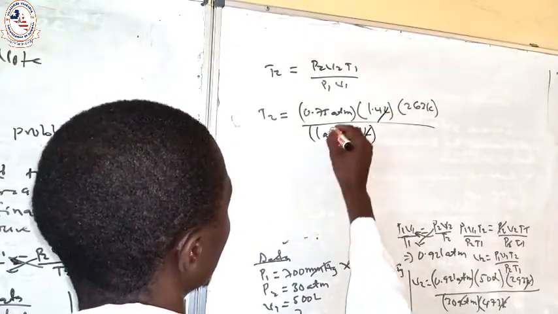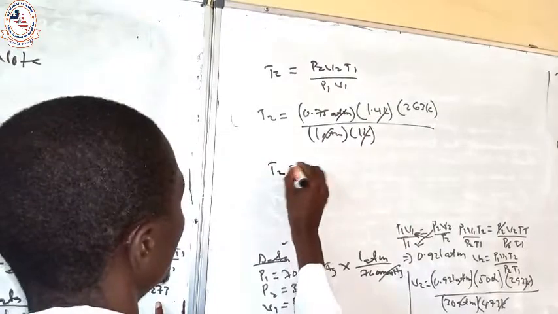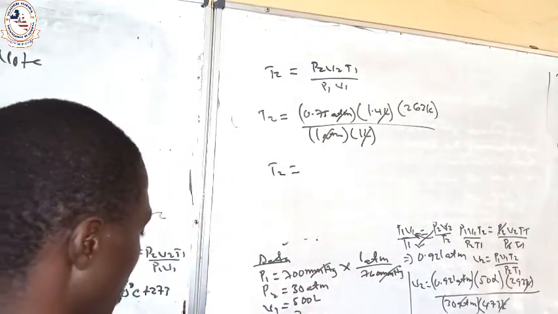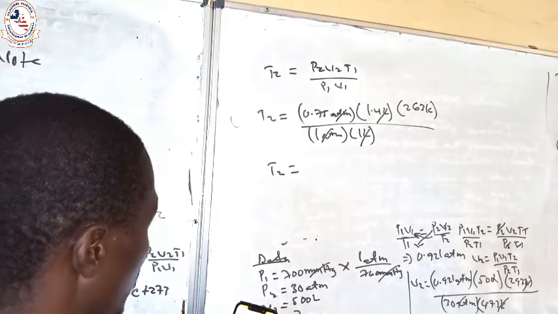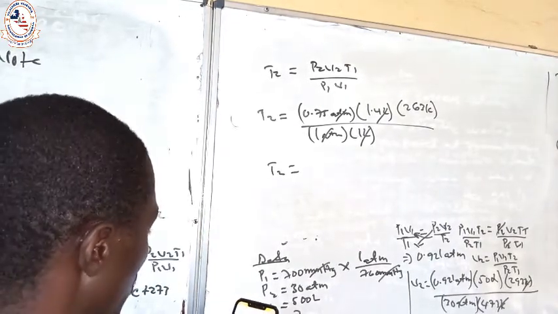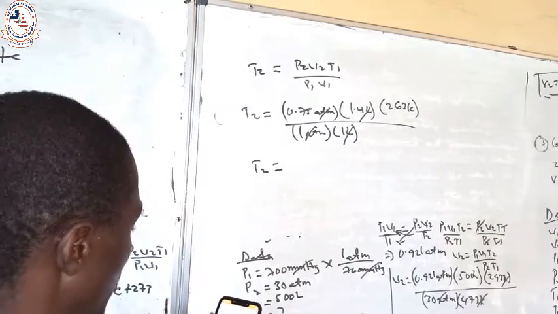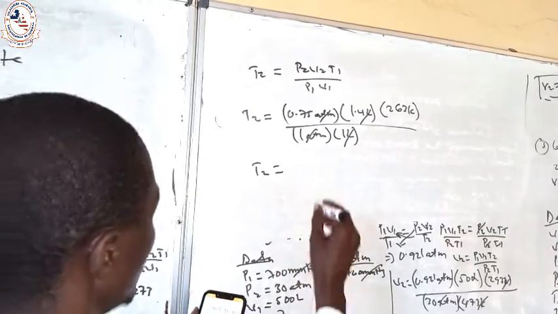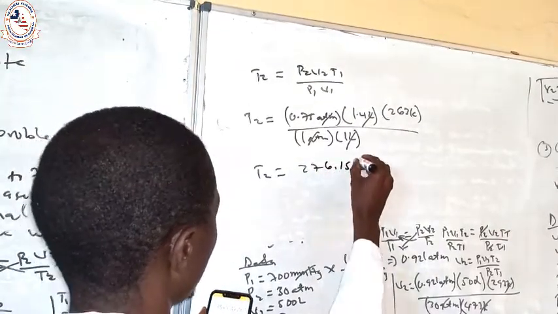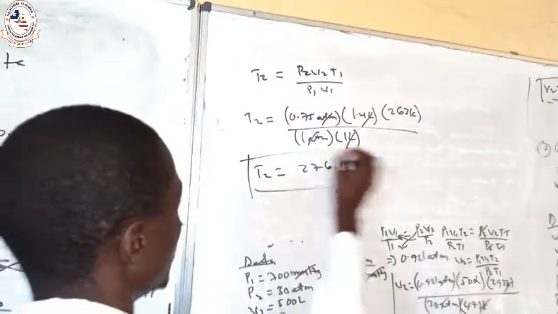So liter cancels liter, atm and atm. So our T2 will be equal to 0.75 times 1.4 times 263. So our temperature is 276.15 K. So this is our T2.